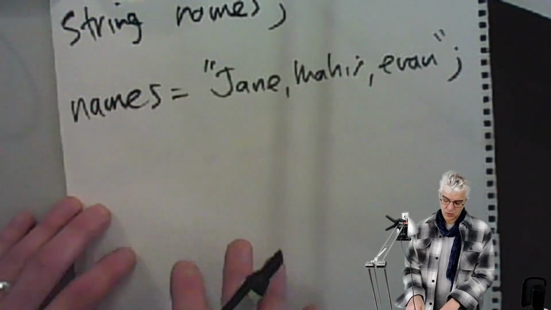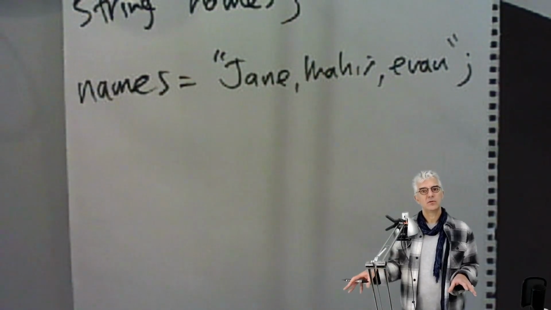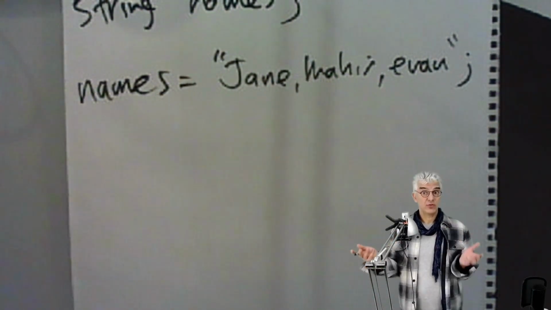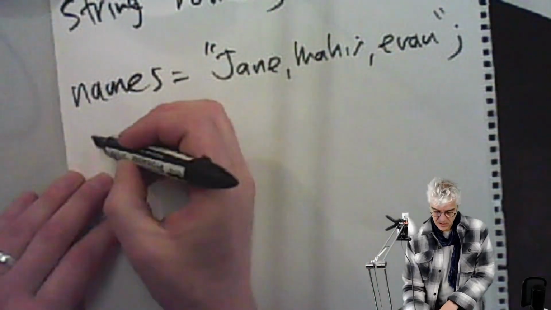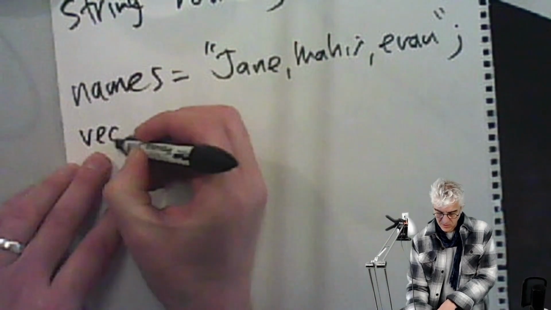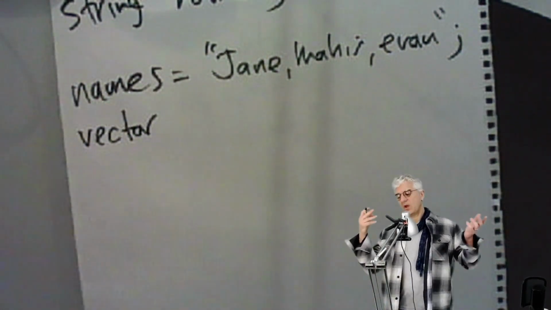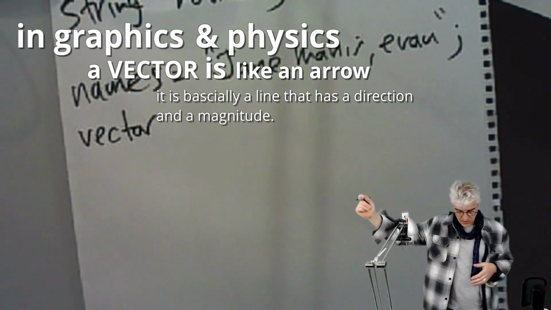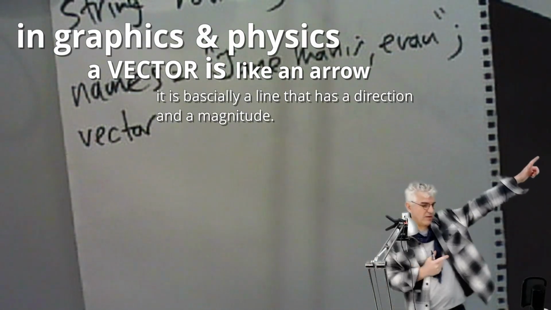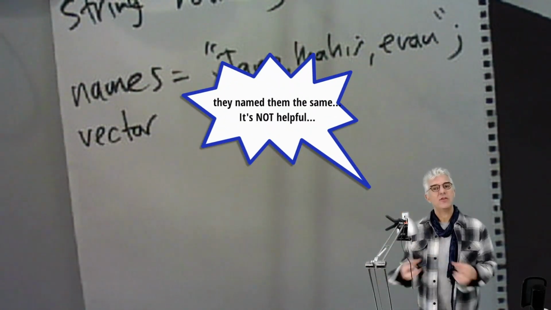What I could do is make a list of all the names, and all the items in the list would be strings. And one of the ways that we can make a list in C++ is to make a vector. Helpfully, vectors are directions for when you're committing crimes with direction and magnitude, or in this instance, they're lists of things.